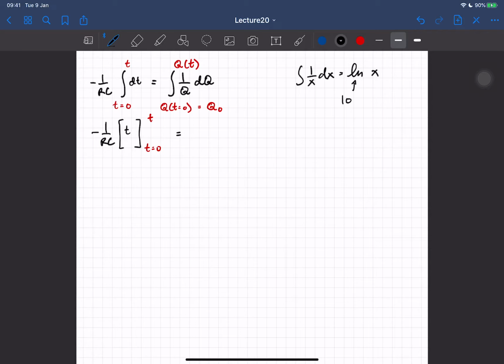So this is log base e of x. Okay, e is 2.718, something like that. So you're going to get log of q, and then you're going to substitute q0 to q at any time, like this.